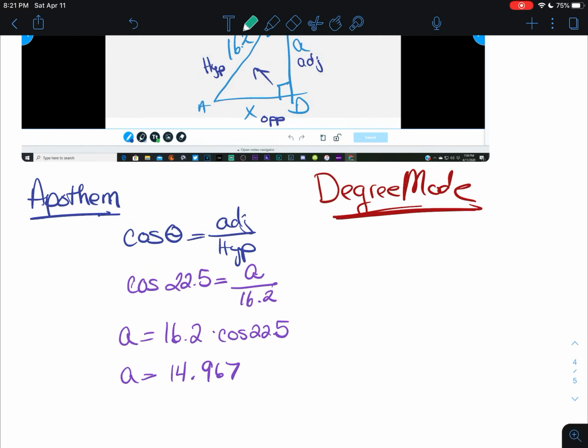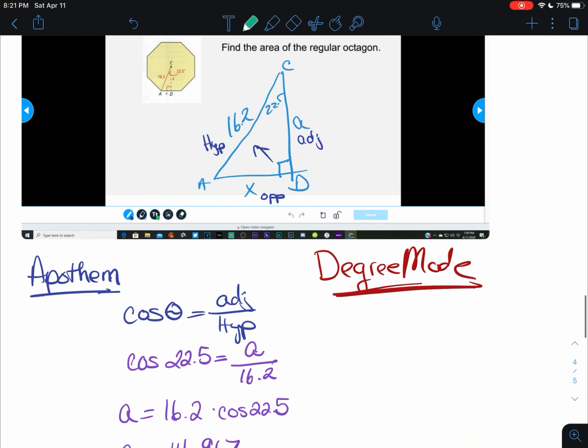Now let's take a look at our side measurement. Keep in mind, the side is only half. We need to eventually double it and find the full side of our octagon. It's just the little half part of our octagon up here. So X is opposite of our angle measure.